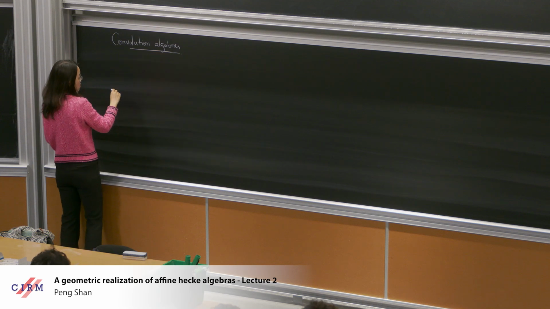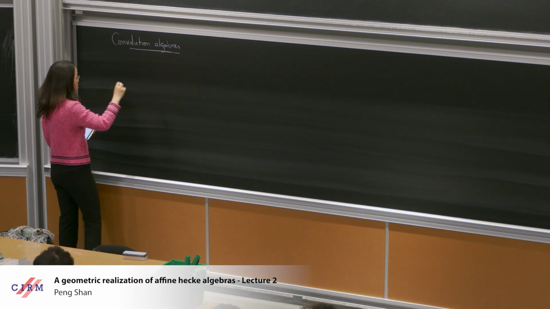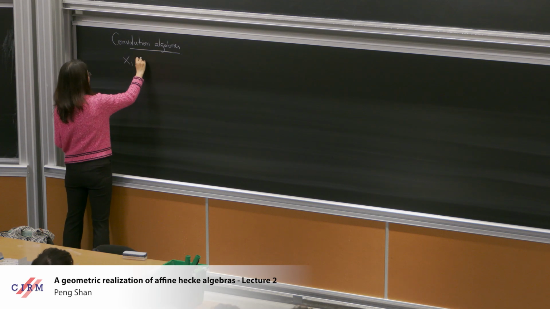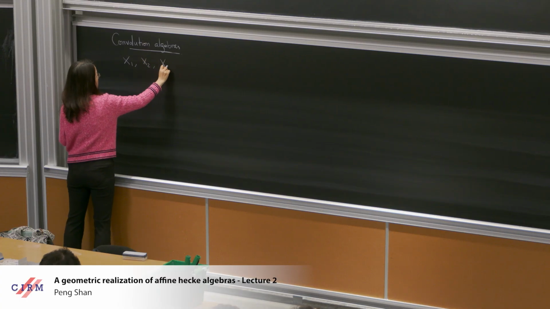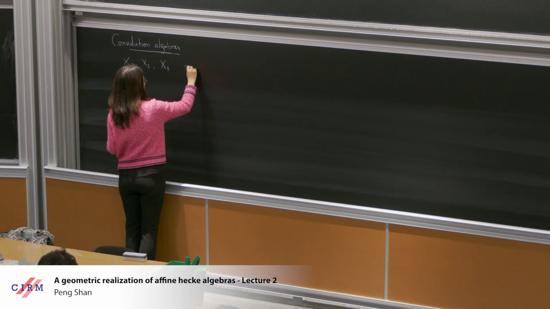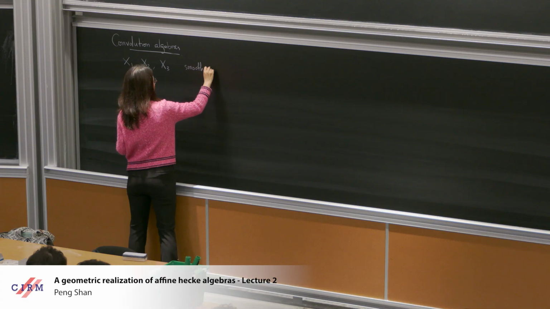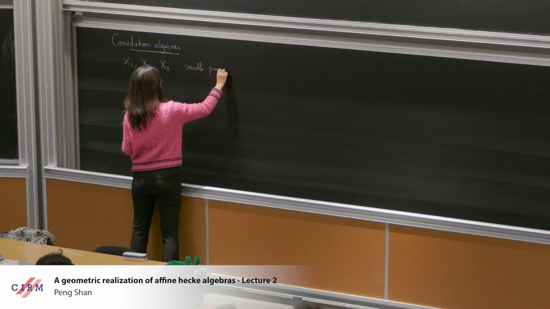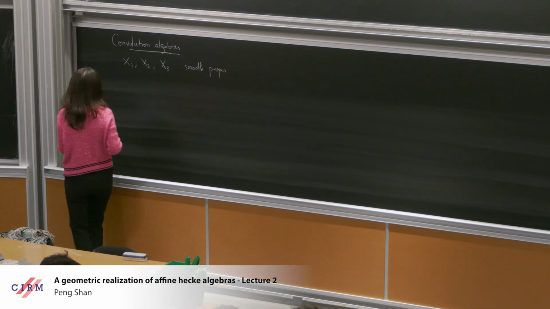I will first do the non-equivariant version and then do the equivariant one later. So assume you are given three smooth and proper algebraic varieties.